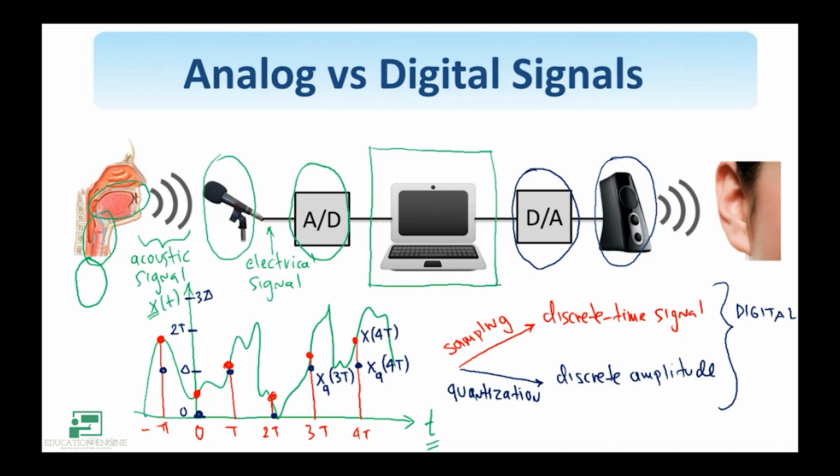So here again, I have an electrical signal, and this is again an acoustic signal. The objective of a digital signal processing class is to focus onto the central part here, right?